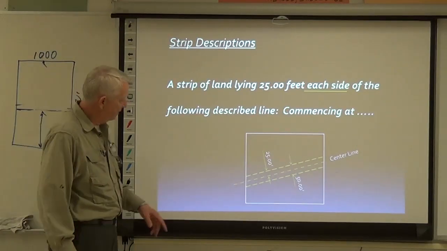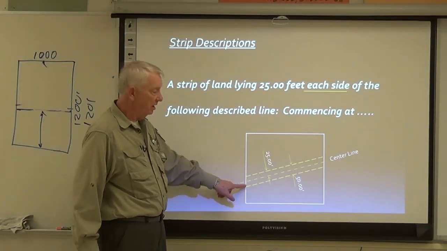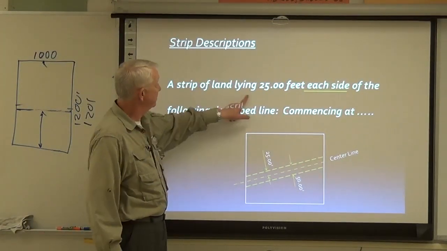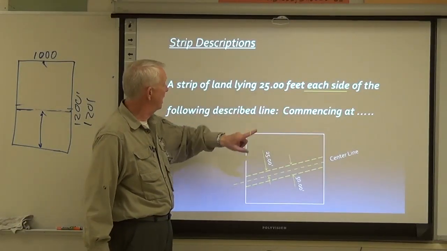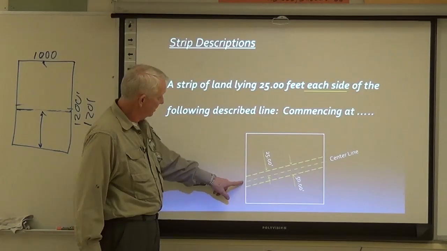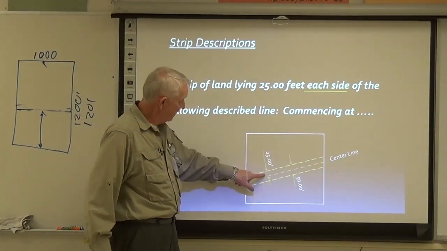So I would commence at a corner, and I would tell it to go to here, along this line up to here, to the center line, because I said a strip of land 25 foot wide lying each side of the following described line, and I would describe this line. And it's 25 foot each side of it.